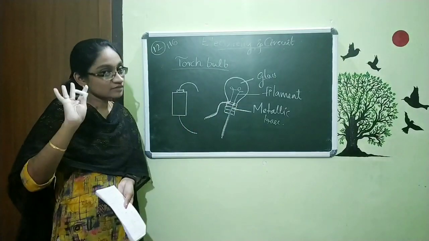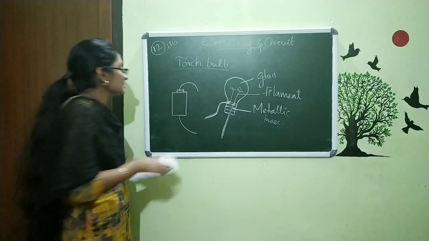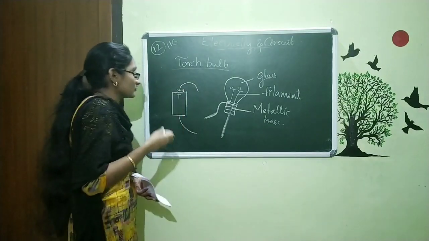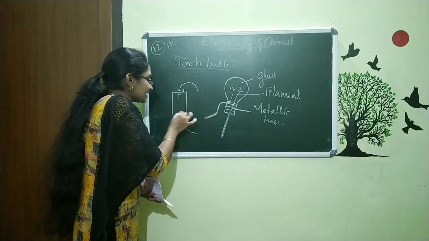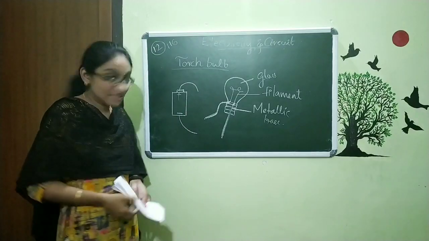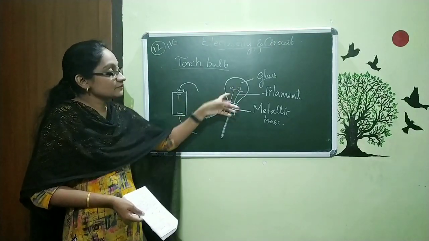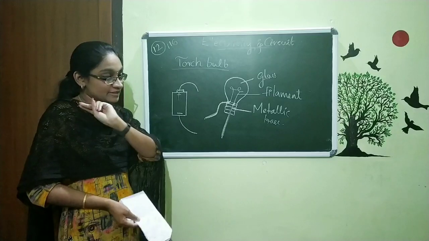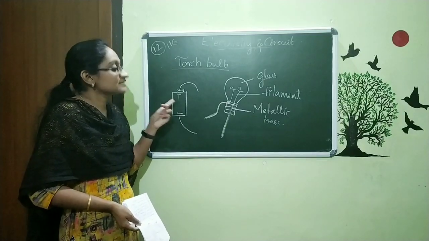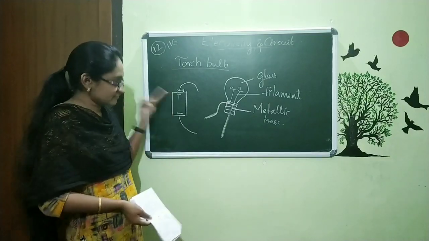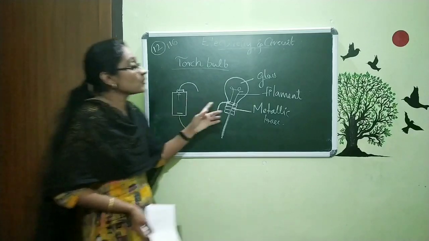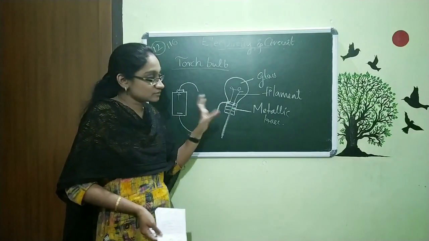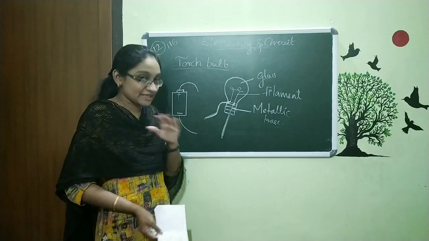That means totally 4 wires, connected to the positive terminal and the negative terminal of the cell. Then I am connecting with our bulb, which also has 2 terminals. We said that the cell has 2 terminals, positive and negative. But for this bulb I am not calling them positive terminal or negative terminal.